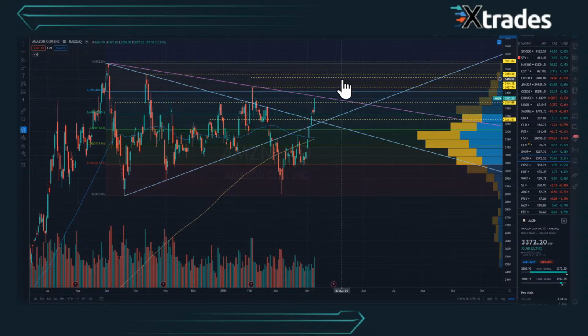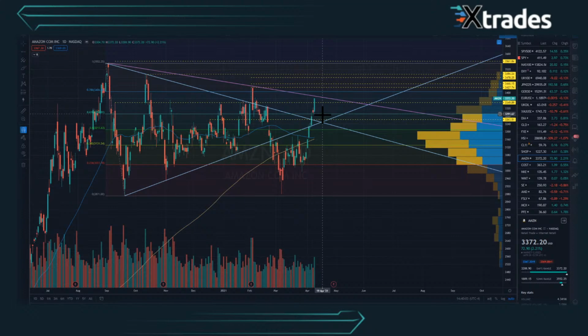If we can go back down here, I'd look for calls. Probably with Amazon, since it's so expensive, it's definitely going to be a spread, right? So probably a debit spread, honestly. I might consider doing a bullish credit spread for this area, because I think 3,290 is probably good support.